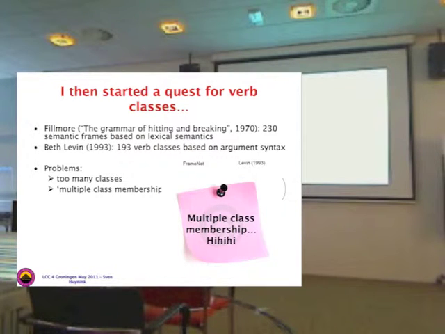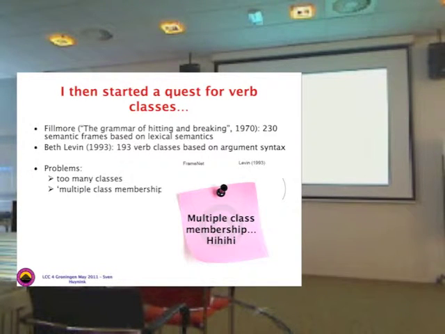So I came across Mr. Fillmore in 1970. He wrote about semantic frames based on lexical semantics, which looked nice, but there were 230 of them, which was not very handy for my language. And Ms. Levin had 193 verb classes.